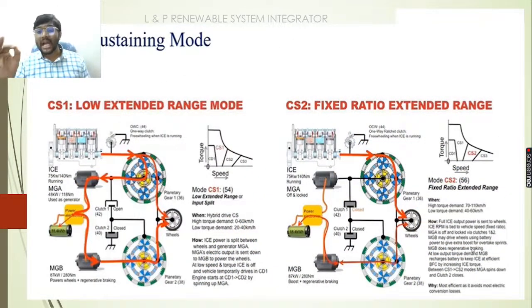Now this is a charge sustaining mode. What is this charge sustaining mode? Simple. We are trying to understand it by considering two cases. One is that consider a situation where your IC engine is already running at 75 kilowatt. Now consider a situation where you're trying to run at a normal speed.